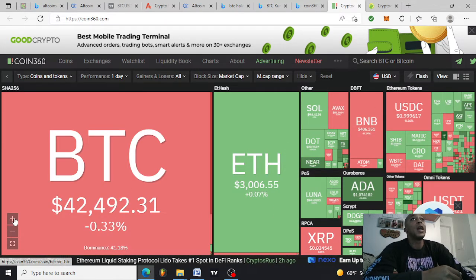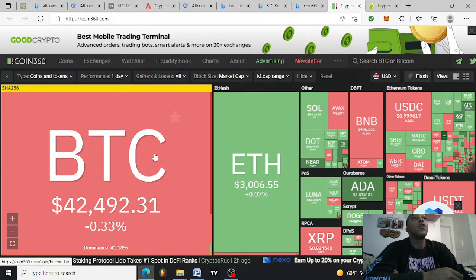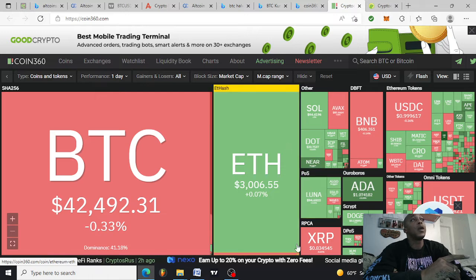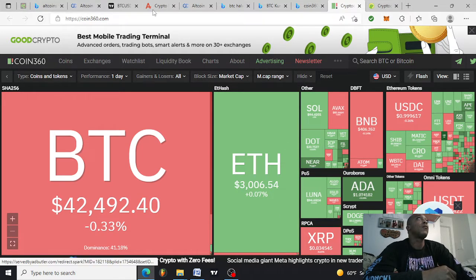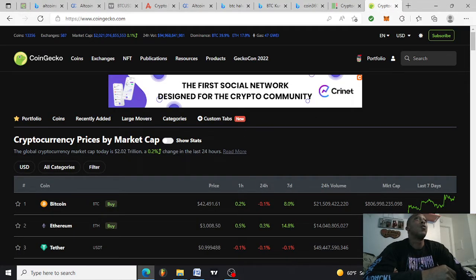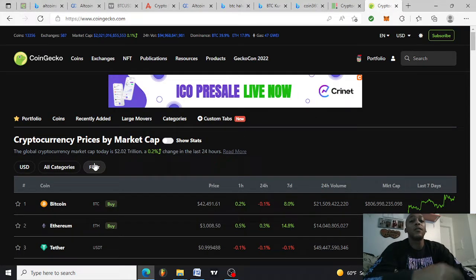But mainly, I'm here to focus on Bitcoin first. But these altcoins, they hold significance as well. But we're gonna go to CoinGecko today.